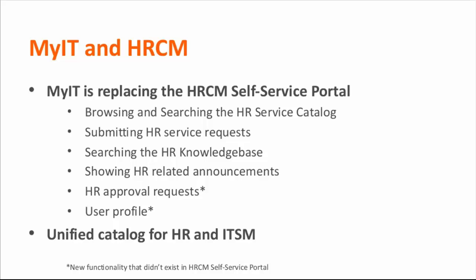And the last thing that I want to mention is that we have a way to create a unified catalog between HR and ITSM. So basically you have one MyIT instance that is connected to both your ITSM application and the HR case management, and end users will see catalogs coming from both applications.